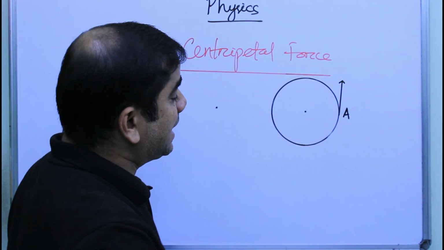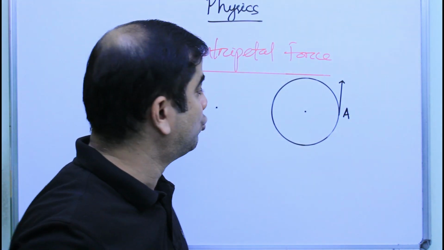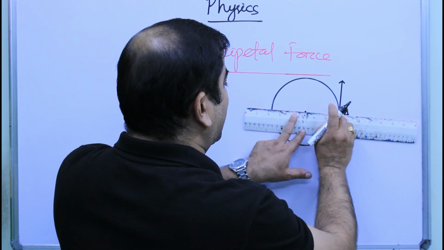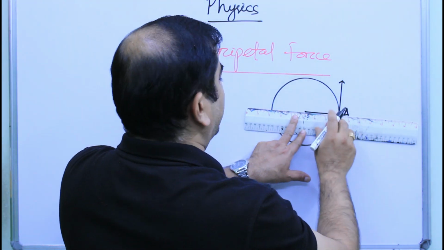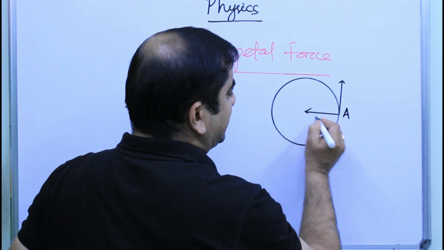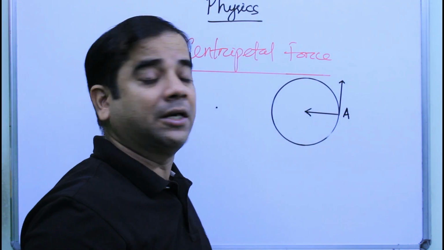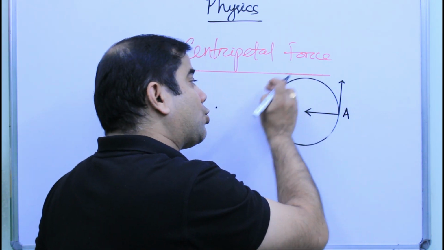But what happens at this point when the particle tries to have tangential motion? A force acts towards the center of the motion, perpendicular to that particle's direction. So this is the centripetal force and it acts at each point of the circle, thereby making the particle move in a circular path.